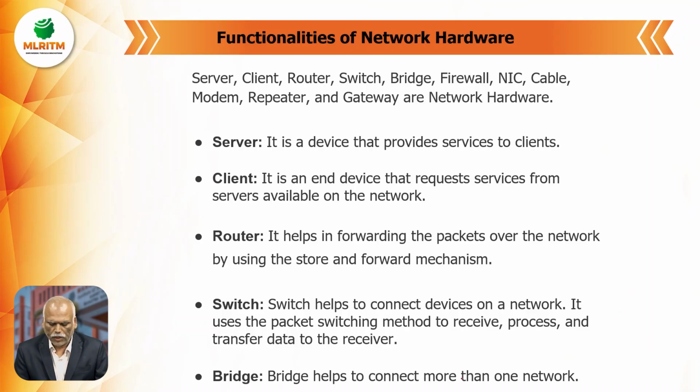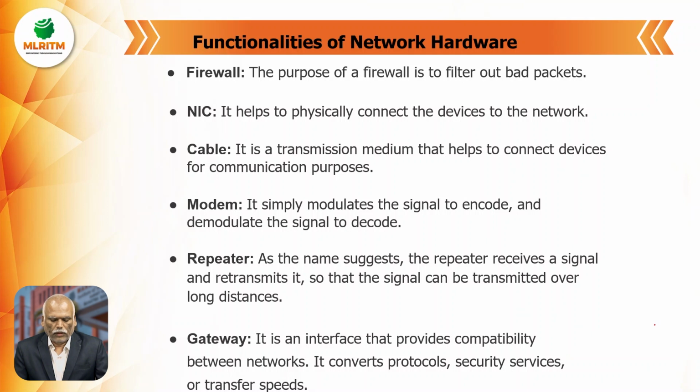A bridge helps to connect more than one network, that is, a bridge between network systems. Next, the purpose of a firewall is to filter out the bad packets. One more device is the sender or receiver device as part of a communication link.